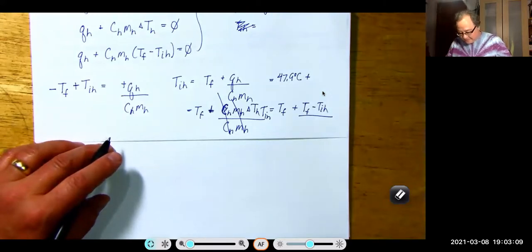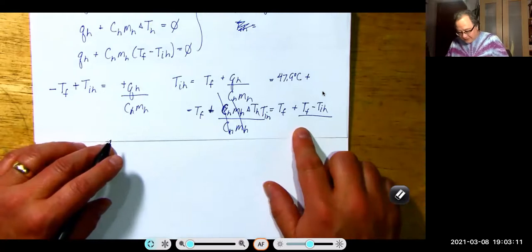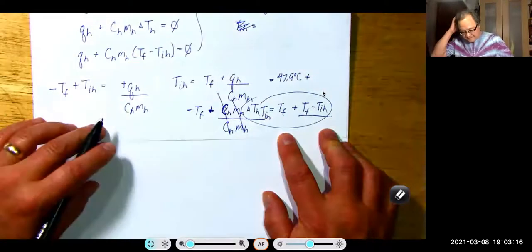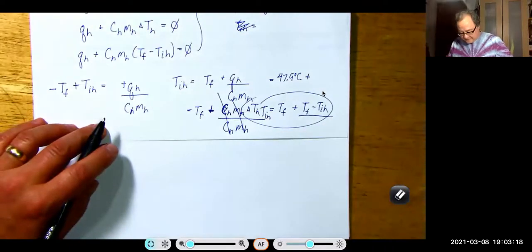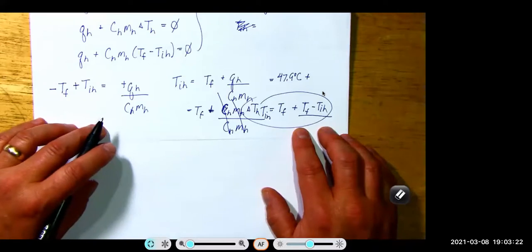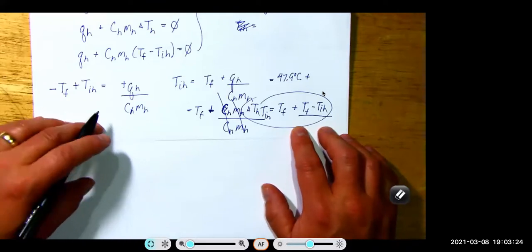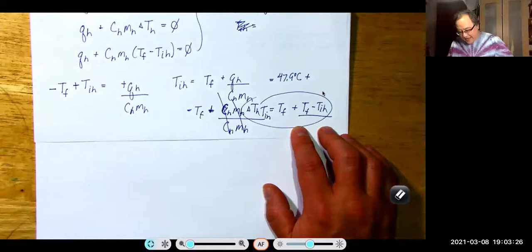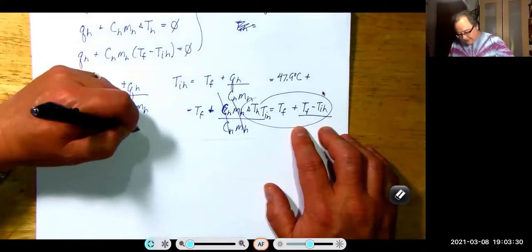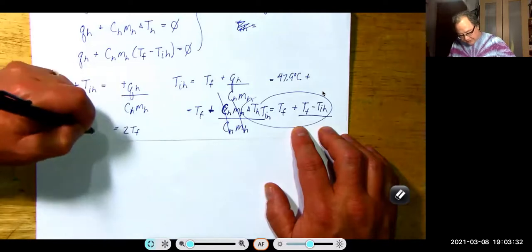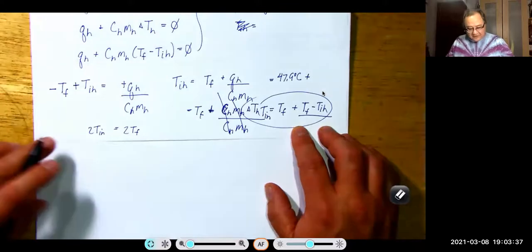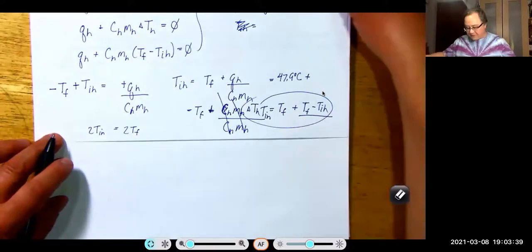I did. You see how this comes out to play? Well, the final plus the difference. So actually, I'm not sure that this works. We get 2T final is equal to 2 times T initial. And T final is T initial. So I screwed up. Let's do it a different way, okay?